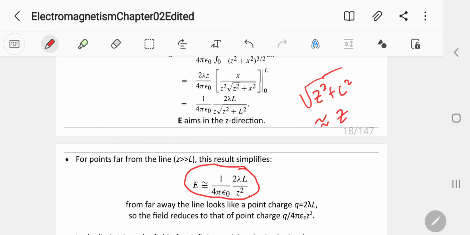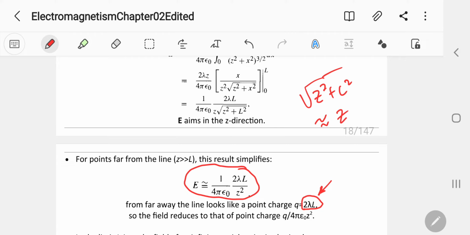So far away, the line looks like a point charge with charge 2 lambda times L, so Q. This will be the total charge of the line.